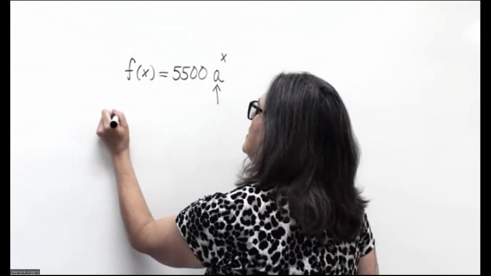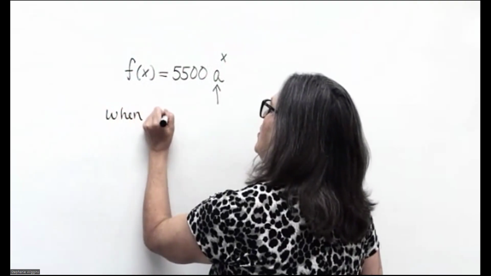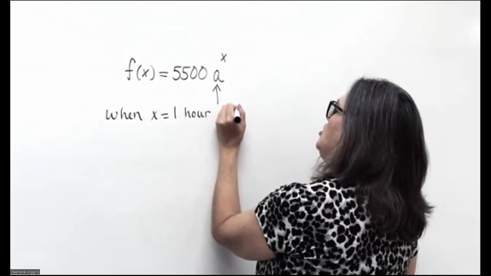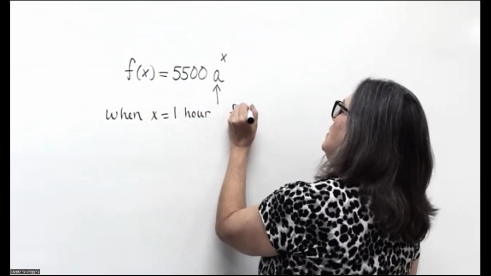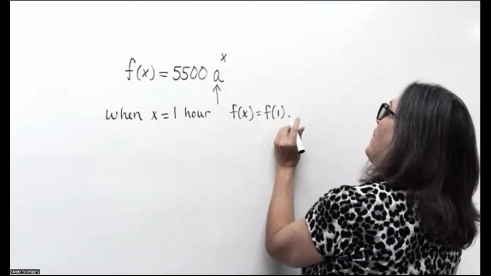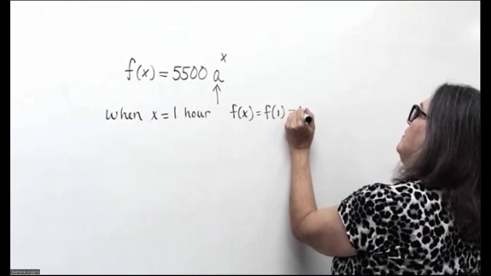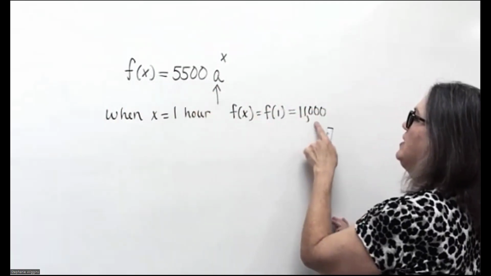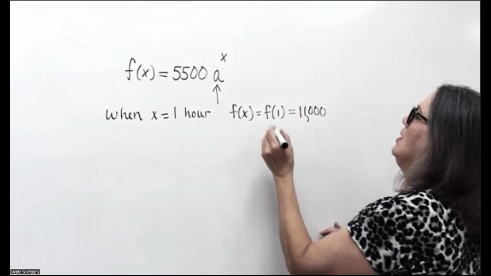So when x equals 1 hour, then our function f of x, which is f of 1, is going to be 11,000 because you're doubling it, right? You start with 5,500 and then you're going to double it, you get 11,000.